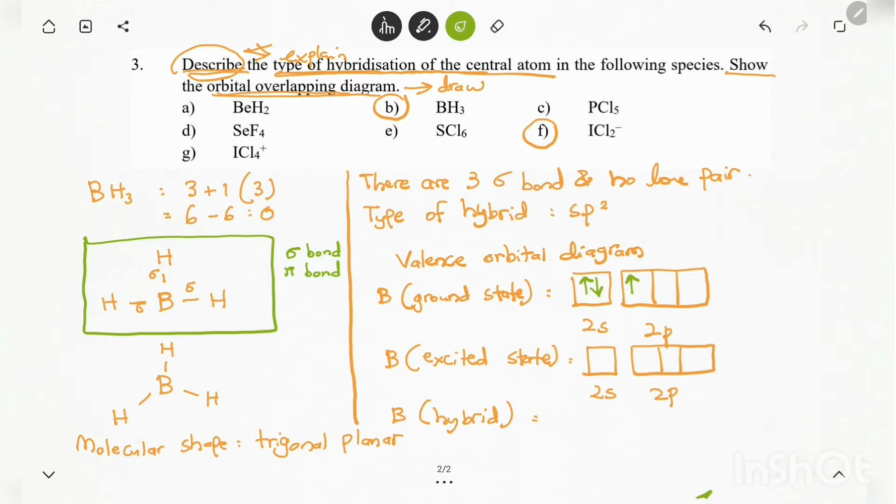We only have 3 sigma bonds, meaning boron needs to overlap with hydrogen 3 times. Therefore, we need 3 unpaired electrons here. Since the hybridization is sp2, we mix 1 s orbital and 2p orbital to be sp2 hybrid.